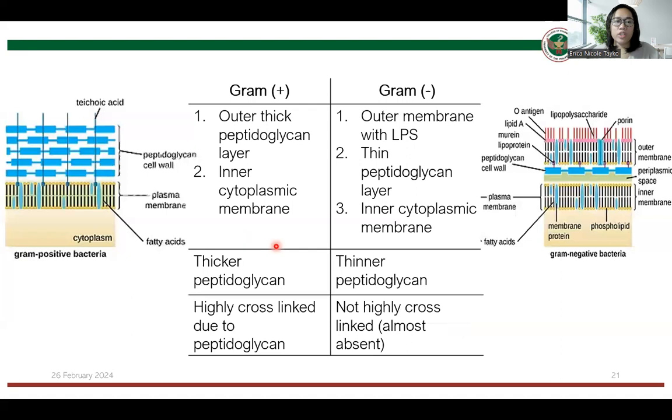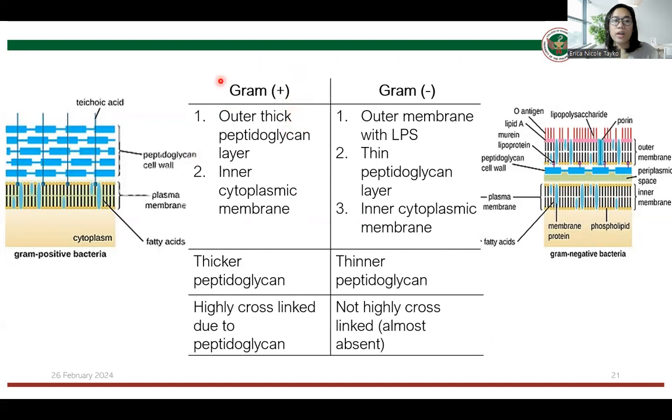Let's look at your gram positive first. The main component of your bacterial cells that contributes to the gram reaction would be the peptidoglycan layer of the cell wall, or the peptidoglycan that is present in the cell wall of your bacteria.